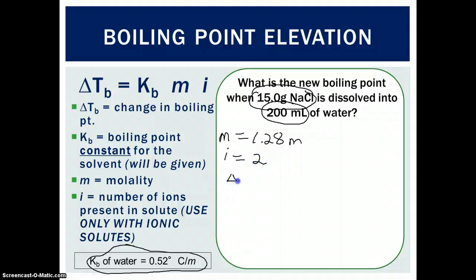So my delta T of boiling is Kb times the molality times the number of ions. So 0.52 times 1.28 times 2.